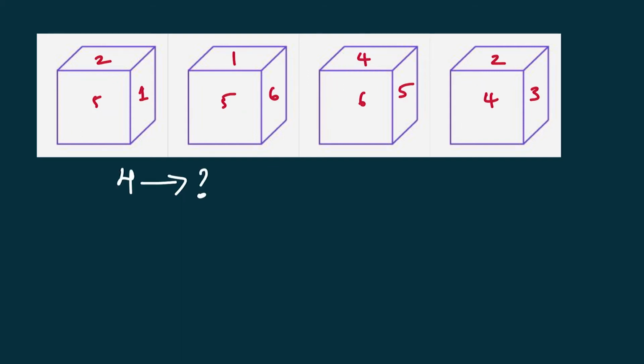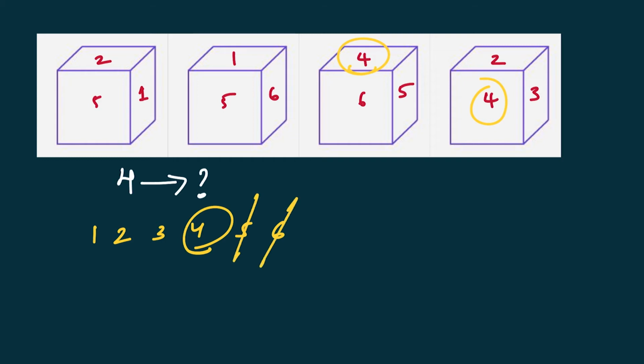For this given dice, we have to find the opposite side of 4. 1, 2, 3, 4, 5 and 6. You can see 4 is visible only in these 2 dices. In the third dice, 6 and 5, and in the fourth dice it is 2 and 3. Therefore we can say 1 is opposite to 4.